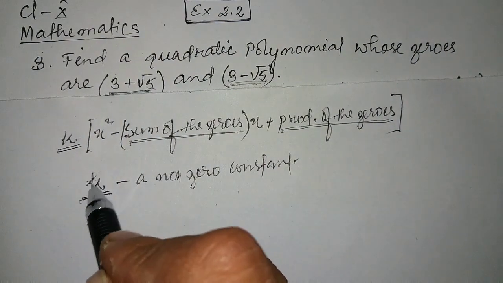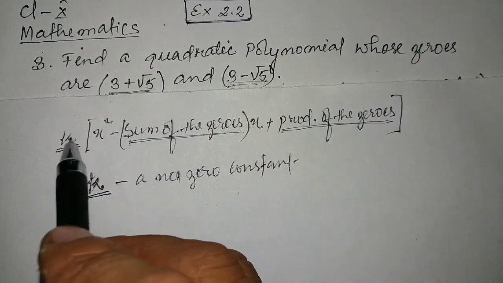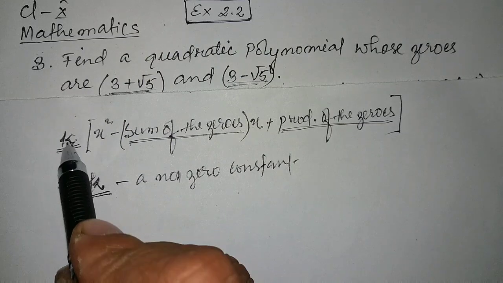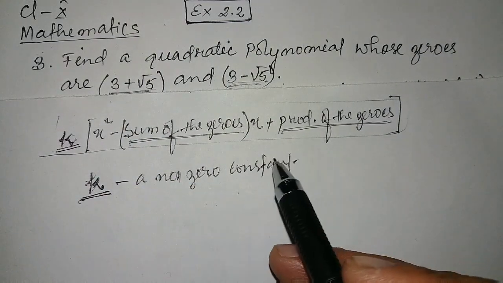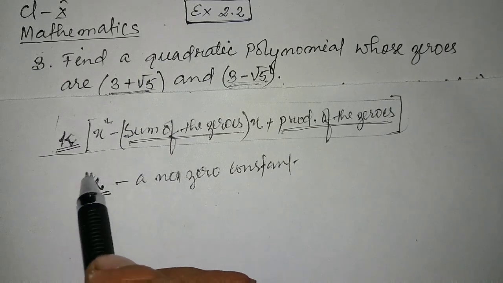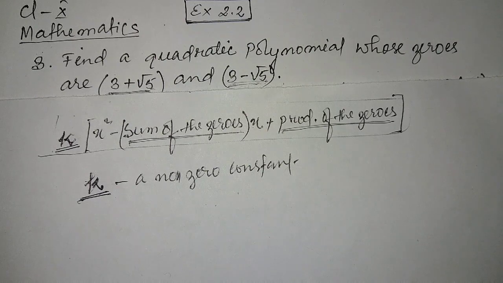So this k is nothing but a non-zero constant which is a real number. So it should not be 0. If k is going to be 0, then this whole thing becomes 0, so we won't be able to get any quadratic polynomial. That is why k should be a non-zero constant which is a real number.